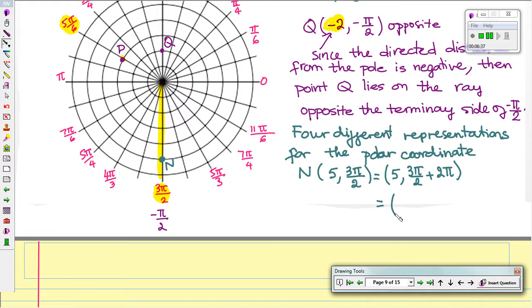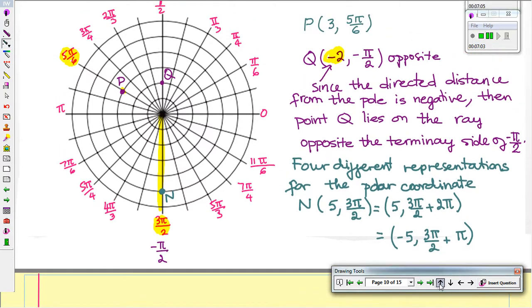Now if you think about negative, this will be exactly as we write negative 5, 3 pi over 2 plus pi. So let's see what we mean here.